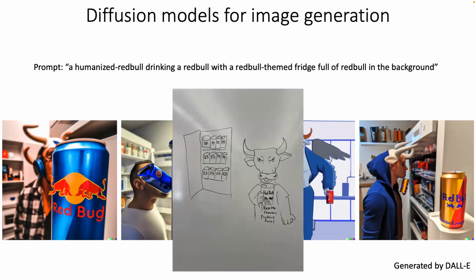So in here you have a fridge full of Red Bulls, a Red Bull themed fridge full of Red Bull, in the background. And then you have a humanized Red Bull, because it has presumably human hands and is wearing a t-shirt, and it's drinking a Red Bull a lot more noticeably, which seems more fit to this task.